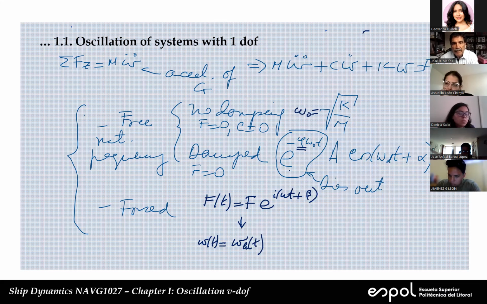The problem with this is that it dies out, decreasing in time. And we have a particular solution, which is steady. So this one is transient, and this is steady.